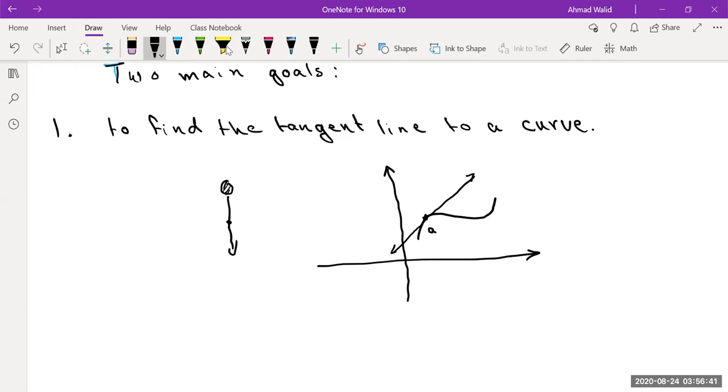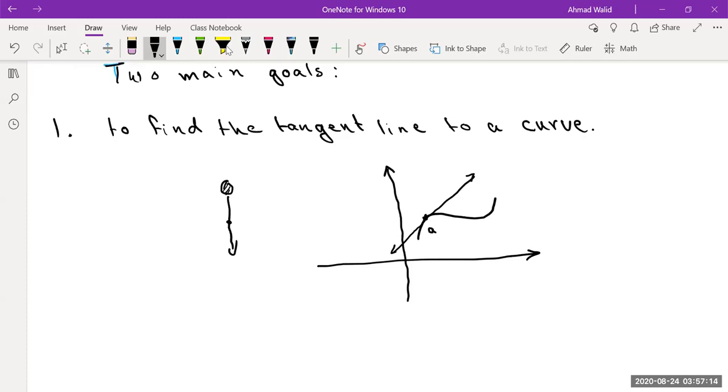Maybe you saw this cartoon of Sir Isaac Newton sitting under a tree and an apple falling on his head. I'm not sure it happened or not, but the main idea he was thinking about was to find the instantaneous rate of change here, correct? That's why he worked on his math and he created calculus.